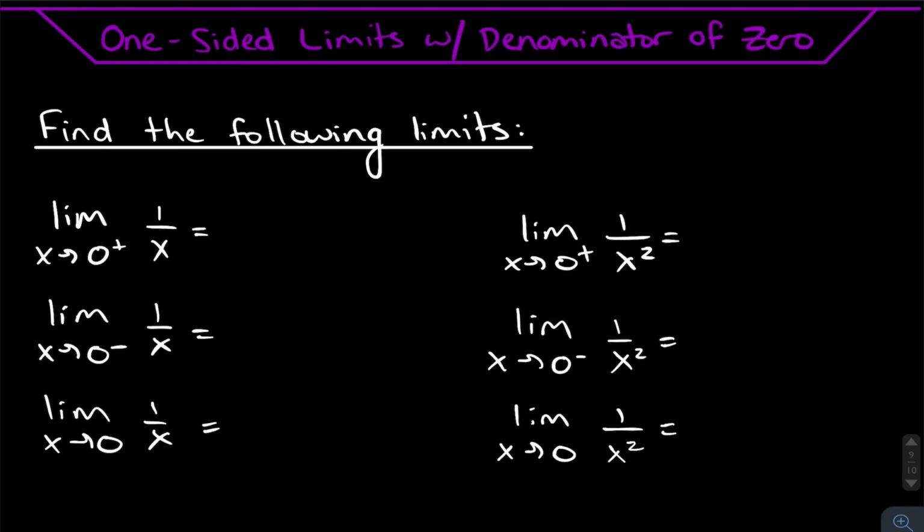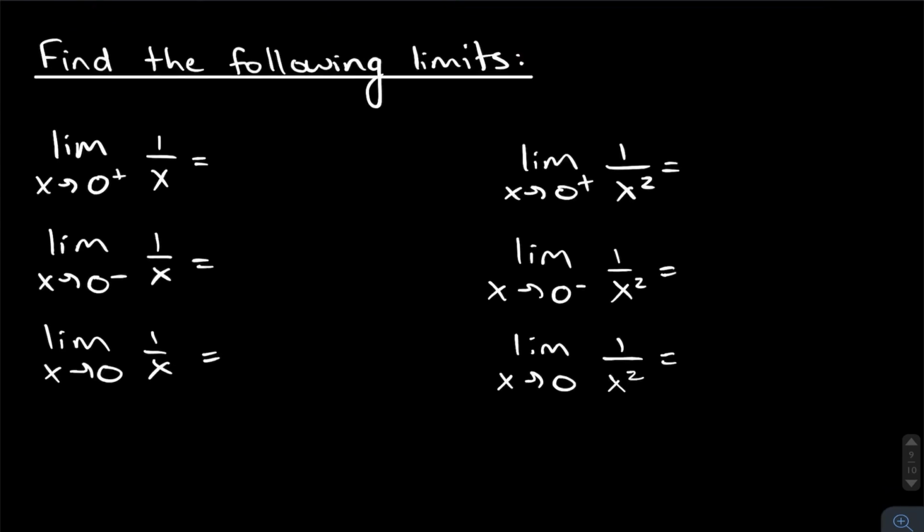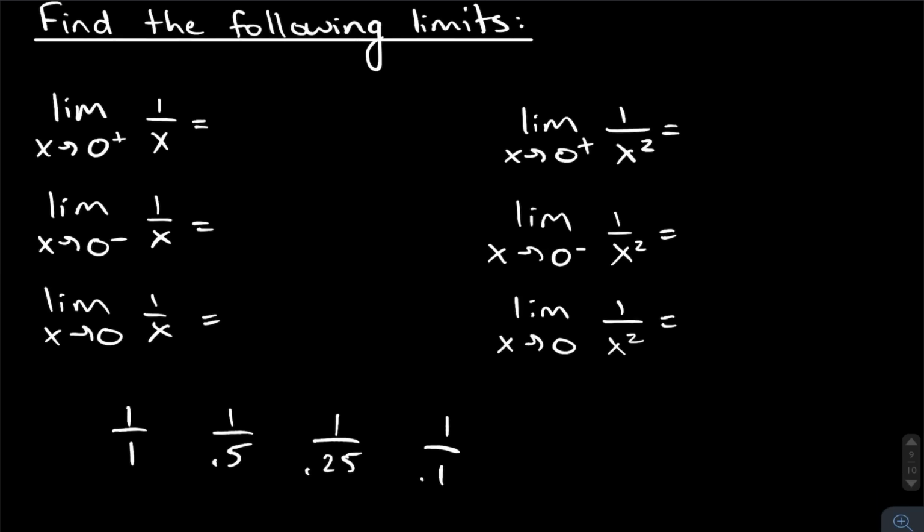We have the limit as x approaches 0 from the positive side of 1 over x. And for this, if we're getting closer and closer to 0 from the positive direction, we have test points like 1 over 1, 1 over 0.5, 1 over 0.25. And we're getting closer and closer to x equals 0. And as we get closer, this denominator is shrinking.